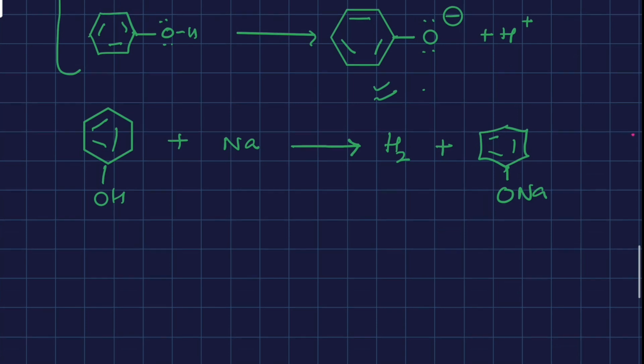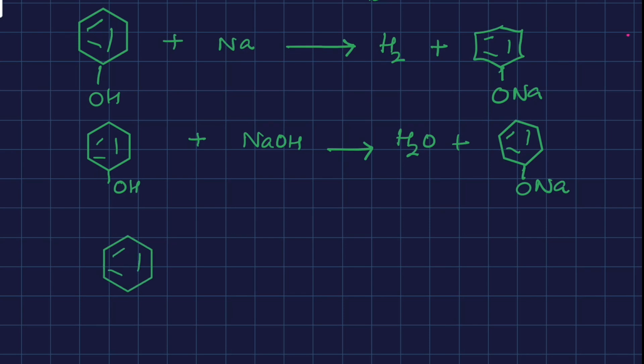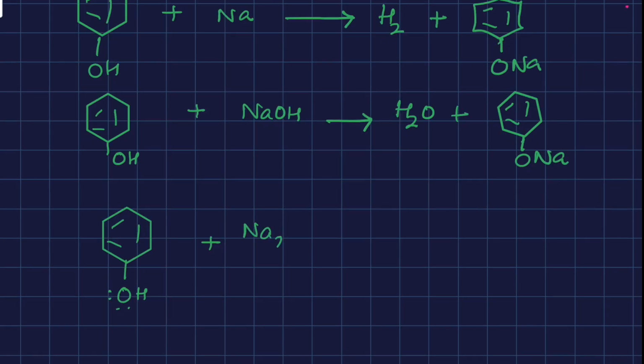Sodium phenoxide will be the salt form. Similarly, you treat it with NaOH, same reaction, only the byproducts will be different. You treat it with sodium carbonate, again we get water, carbonate is there, we get carbon dioxide, and we get phenoxide. So these are some acidic reactions.